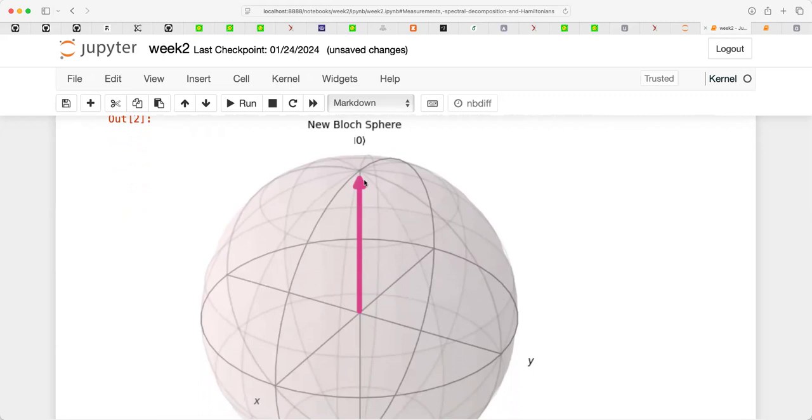Stated differently, in terms of the eigenvectors of the Pauli matrices, let's switch quickly to the whiteboard.